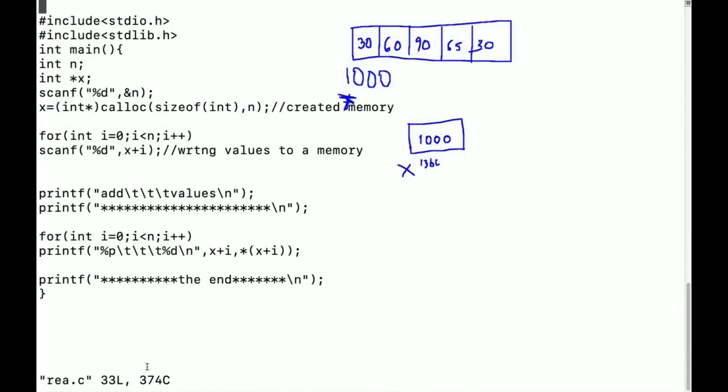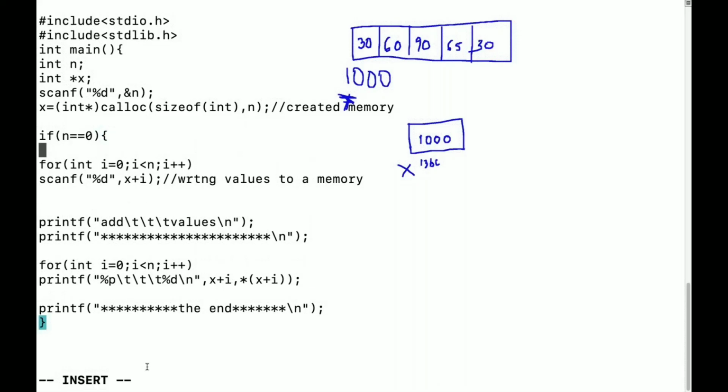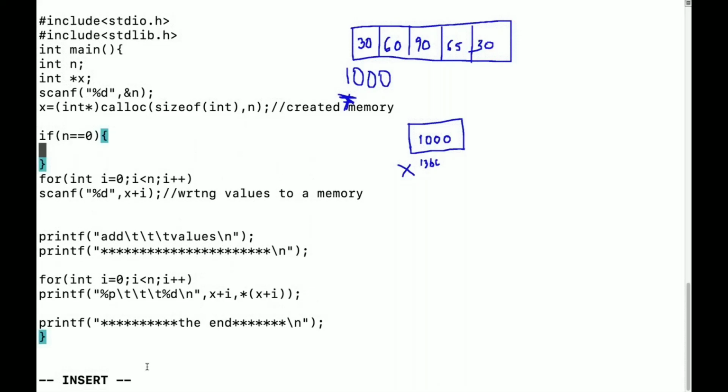When n is equal to 0, the small change I will do here is: if n is equal to 0, if the number of blocks I'm reading is 0, or else you can say x is equal to NULL also, because on not creating the memory, calloc and malloc will return 0.